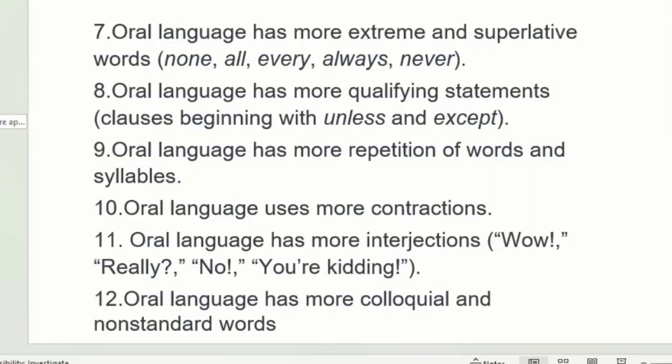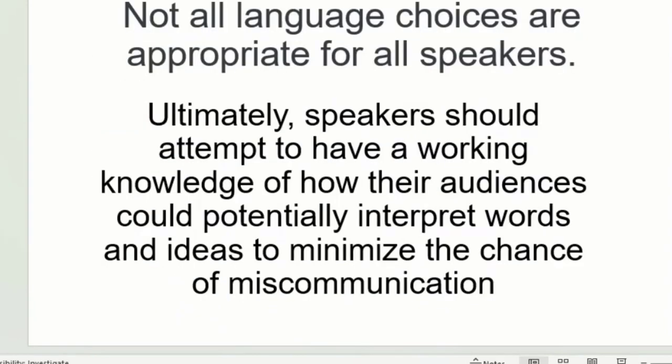I'm just going to summarize quickly what we started on, so that when we finish, everybody is at least having a clue of what today's lesson was about. Not all language choices are appropriate for all speakers. Ultimately, speakers should attempt to have a working knowledge of how their audience could potentially interpret words and ideas to minimize the chance of miscommunication.